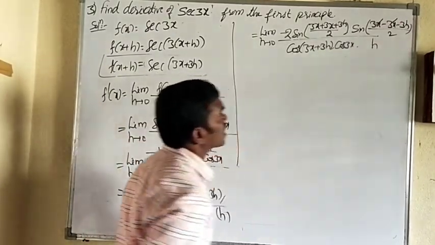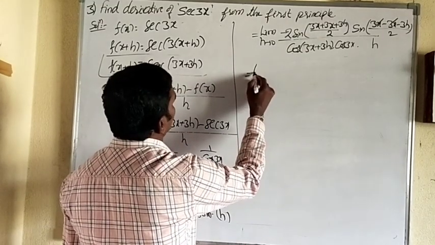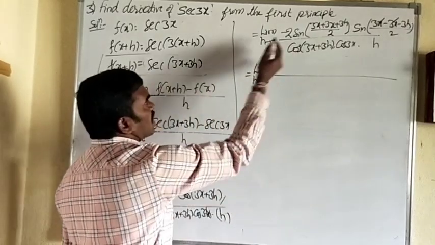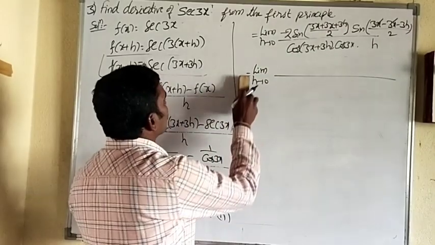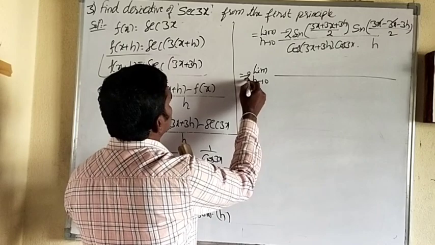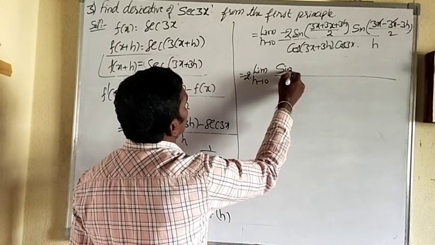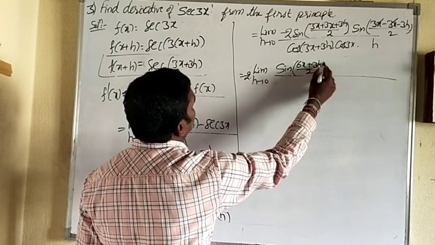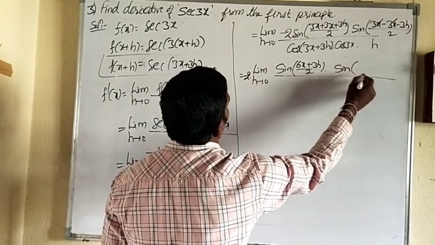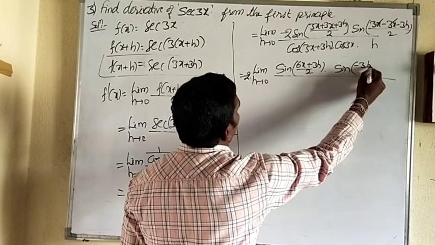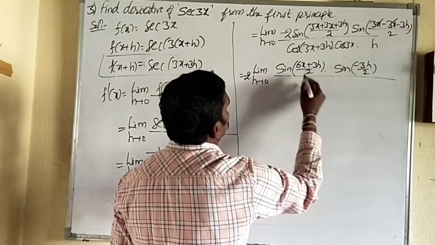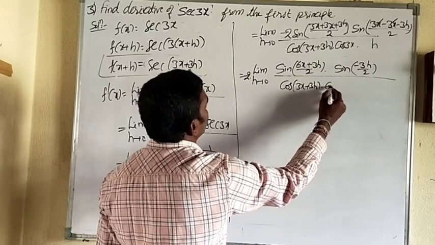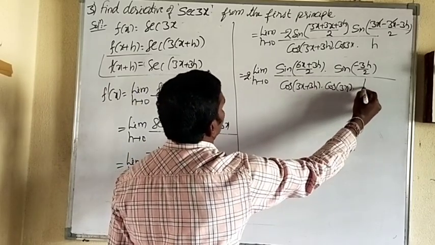Plus 3x minus 3x cancel. So the limit as h tends to 0. Of course minus 2 we can write outside. So minus 2 into the remaining sin of 6x plus 3h by 2 into sin of minus 3h by 2, divided by cos of 3x plus 3h into cos 3x and into h.